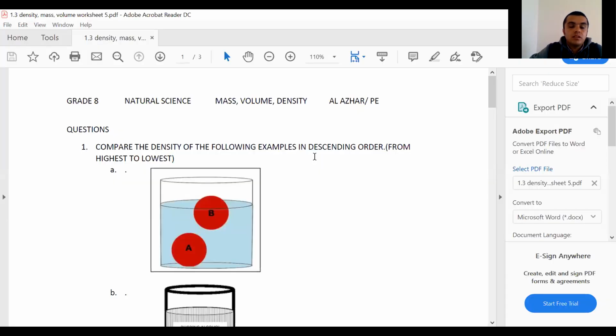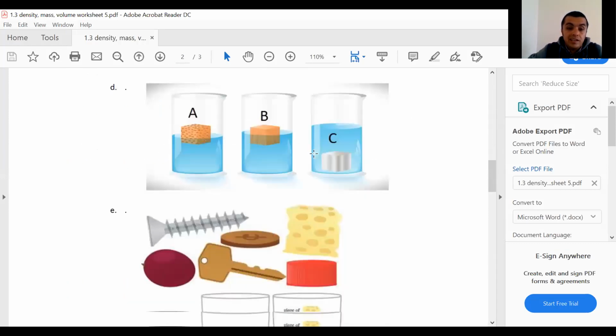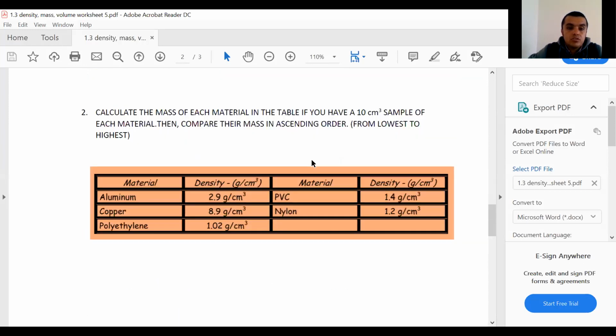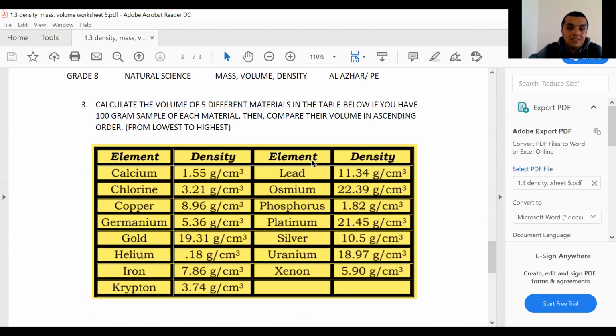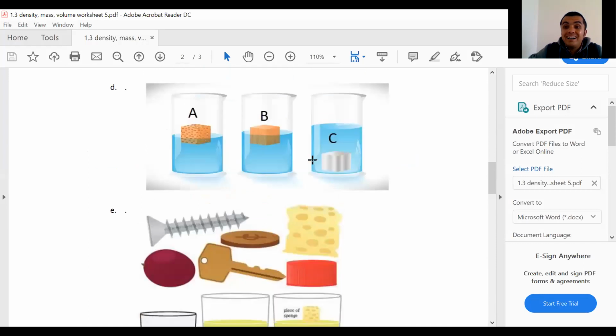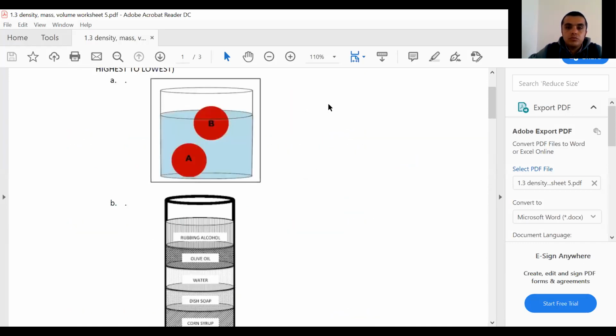This is the worksheet that I attached, or I'm going to attach today, if it is not there. I want you to compare the densities first, and next class I'm going to talk about these questions. Questions 2 and 3 are similar to the one that I just discussed. That's your homework until next class. So when the time is up, we are not going to come back.